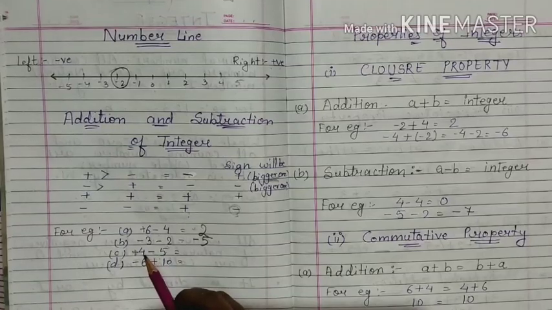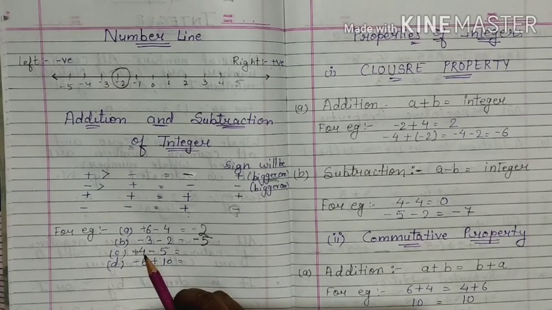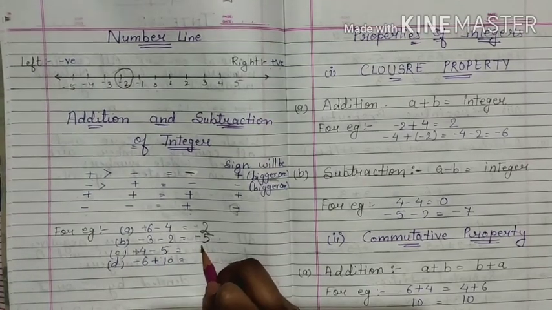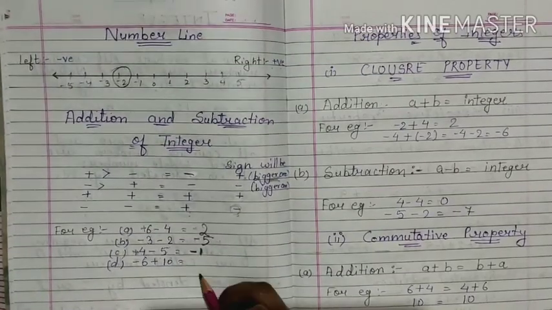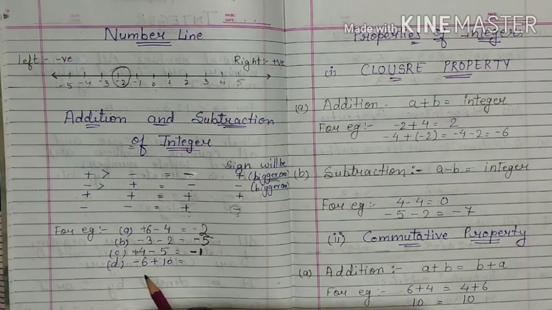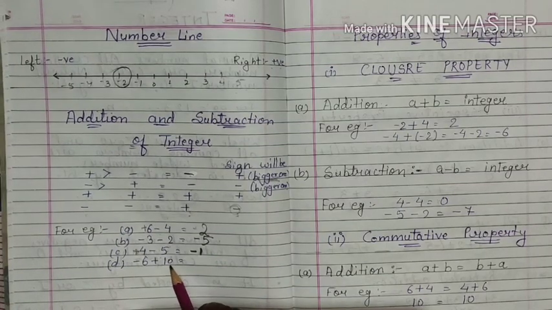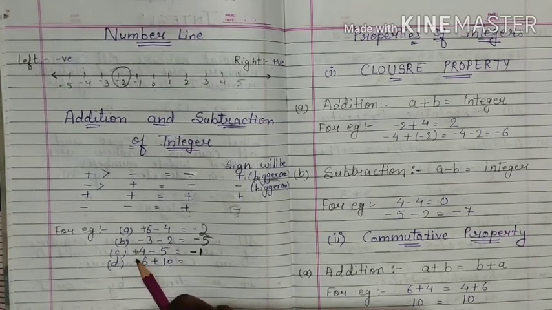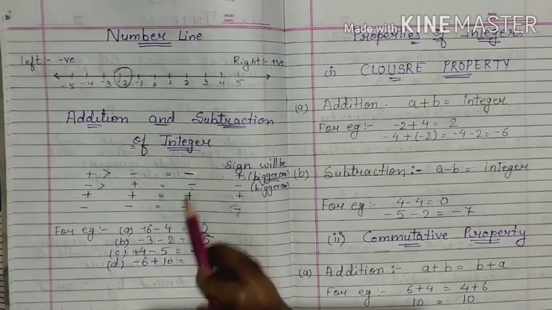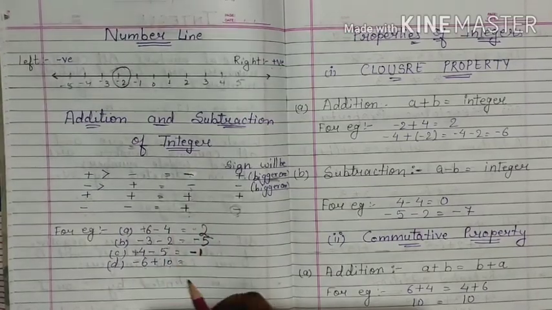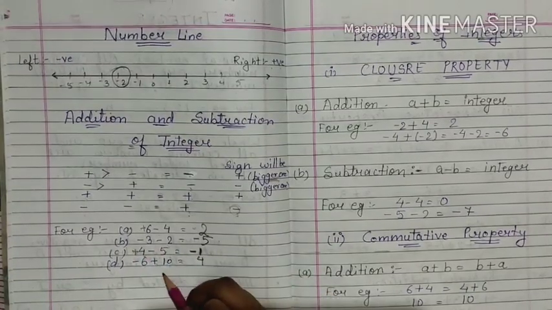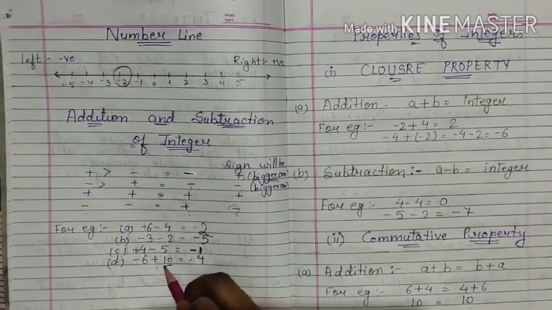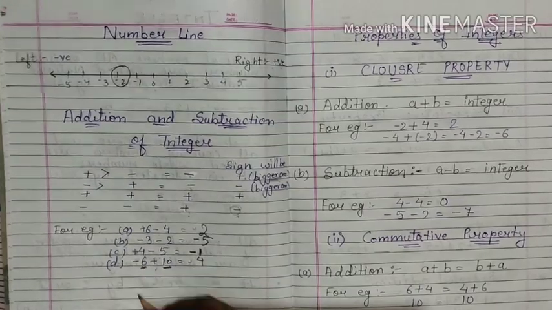Then 5 minus 4 is 1. 5 is greater, so we will write the negative sign. Then minus 6 plus 10, plus minus, it is minus. Then 10 minus 6 is 4. What is the sign? The sign will be plus because 10 is greater than 6.